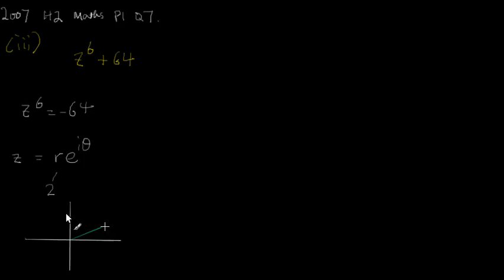Let's see, 30 degrees, 90 degrees, and one here, here, and here. So it's given by these 6 points on the complex plane. These are all separated by angles of 60 degrees.